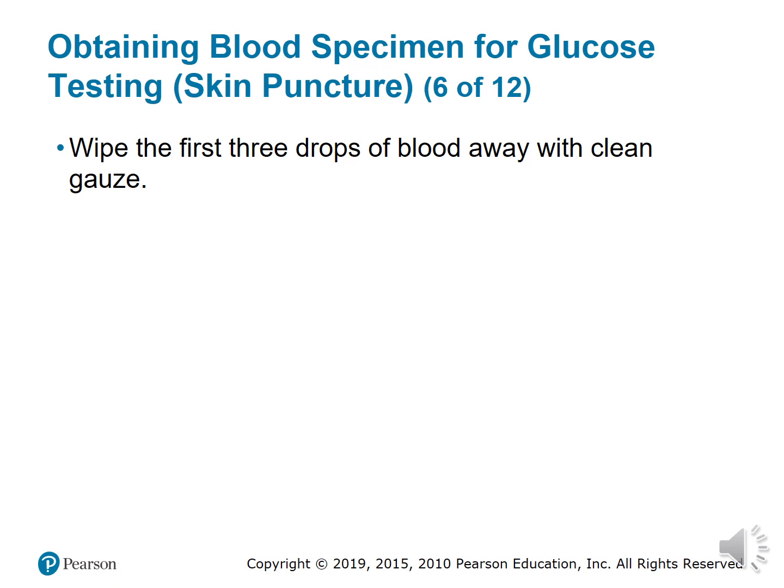As always, with the Hemocue blood sample collection, we have to wipe the first 3 drops away with a clean gauze. But with a regular glucose strip monitoring test, we only have to wipe the first one off. So with a Hemocue glucose monitor, the first 3 we wipe away, and then we collect the 4th.